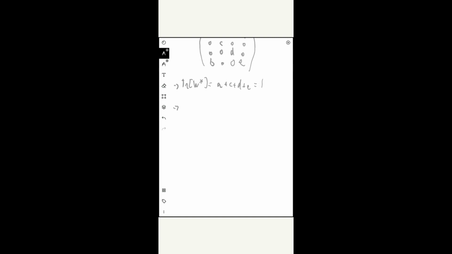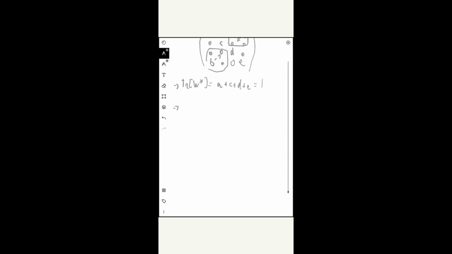It means that the coefficients that are not diagonal, such as B, go into the center, because you take the sub-matrices here and here, and you apply positive partial transpose on both of them, and so B will go here and B will go here. So it just gives us W star partial transpose, just like this.